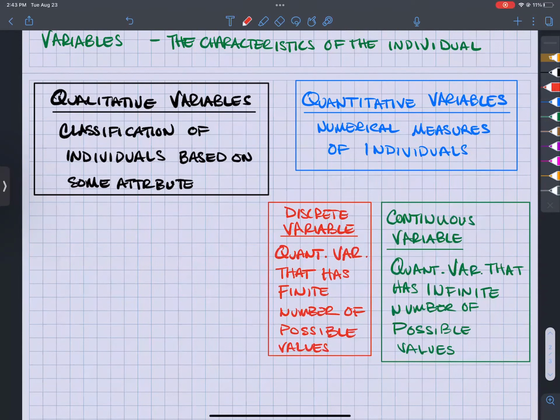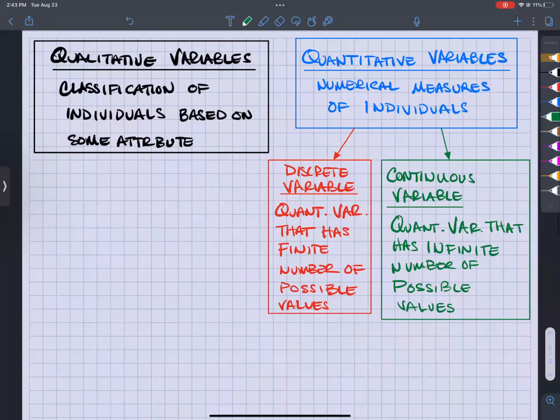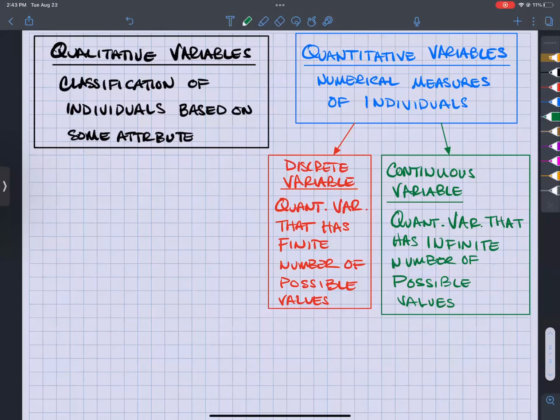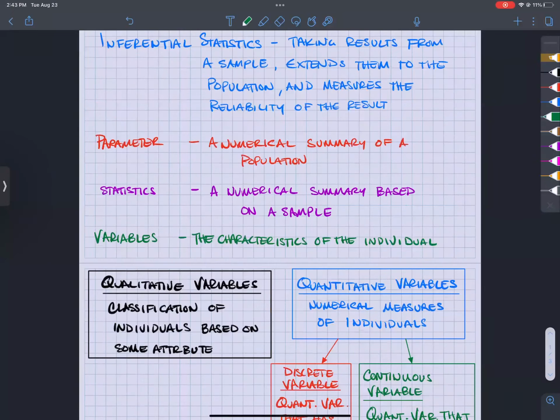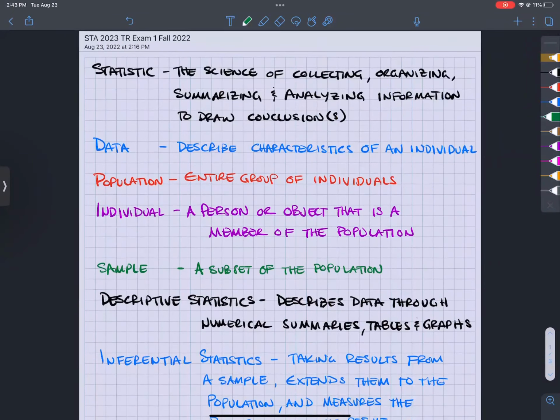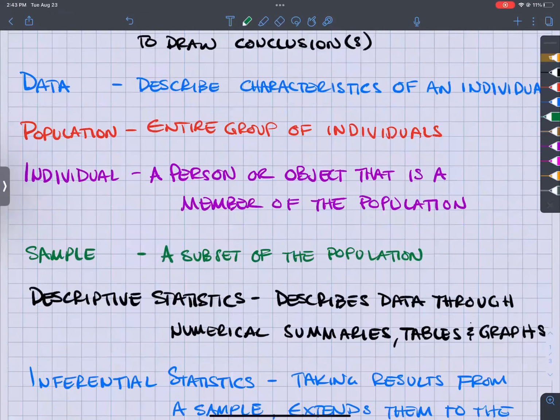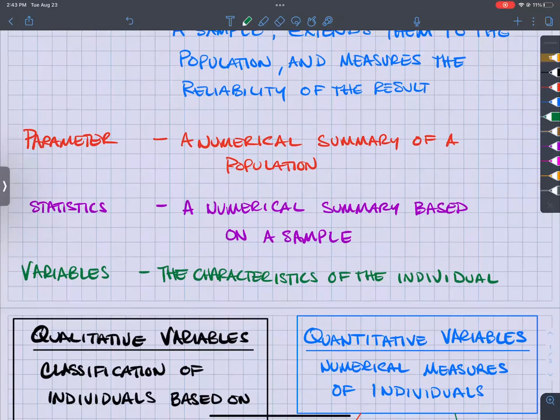There you go. Are we okay there? Does that make sense what I just did? Okay. I'm going to stop right there. Any questions on these so far?